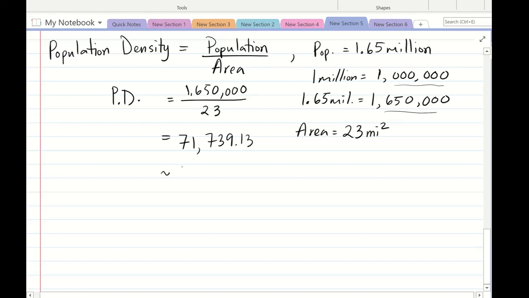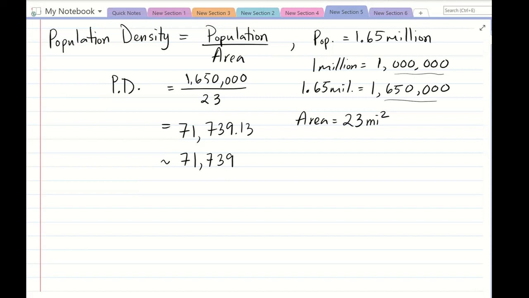So about 71,739 people per square mile. People per square mile, right?